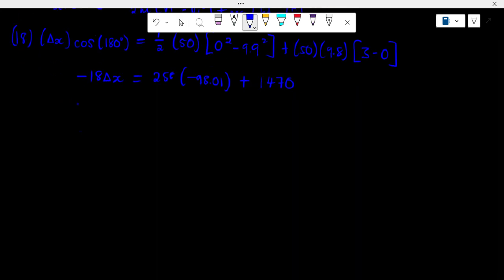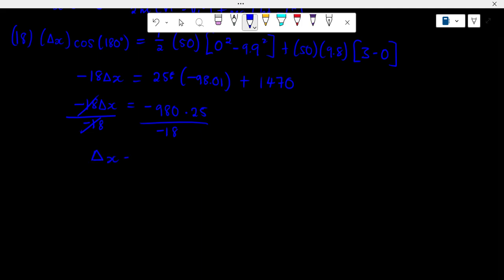So from here I can then say negative 18 delta x equals, on the right hand side, 25 times negative 98.01 plus 1470. That gives me a value of negative 980.25. So I divide both sides by negative 18.